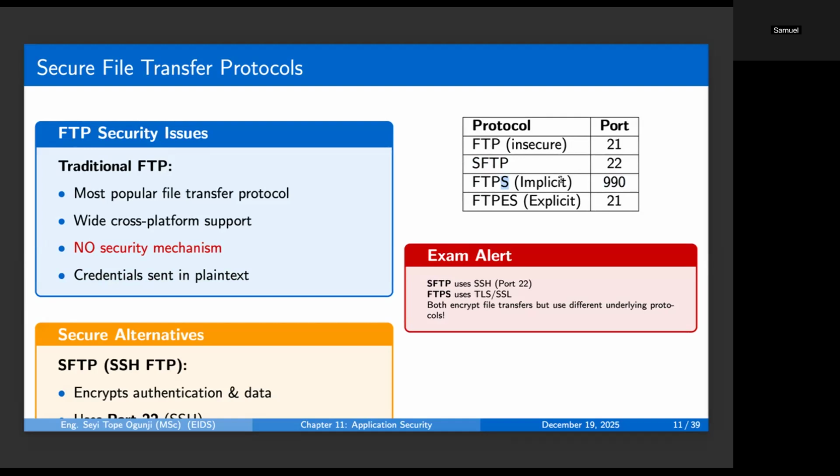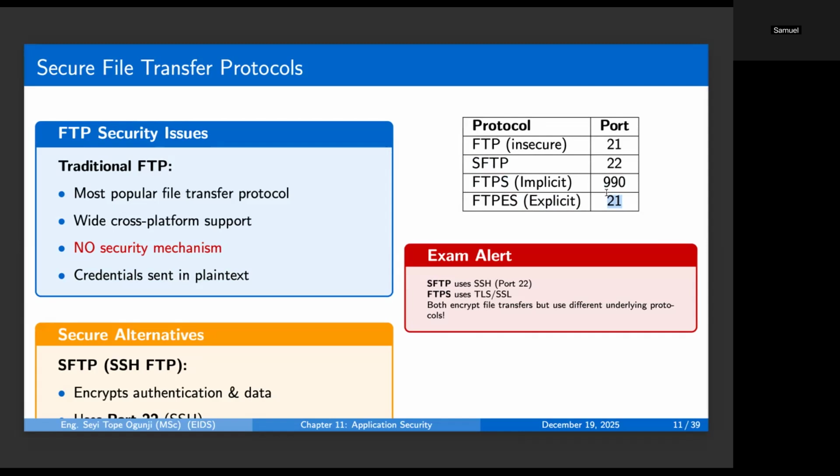It's implicitly configured to start with security. But the explicit one starts initially in a normal state, but later on adds security during the course of operation. That's why it is explicit and implicit.